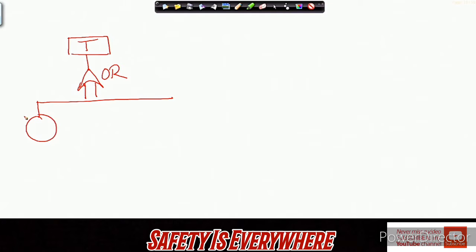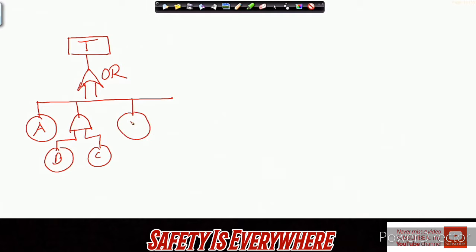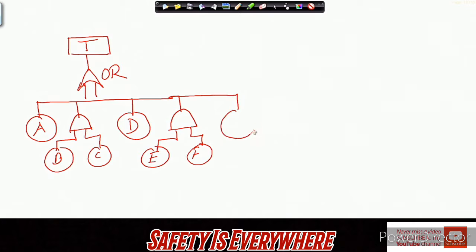The basic event A is an input, and then there is an AND gate with basic events B and C. Then another basic event D, another AND gate with inputs E and F, and another basic event G.